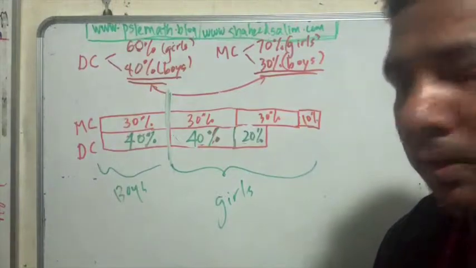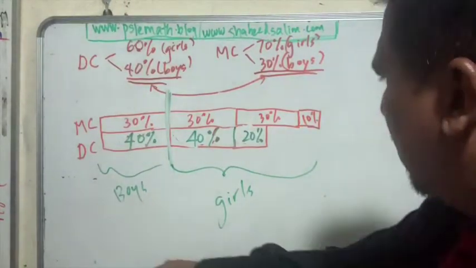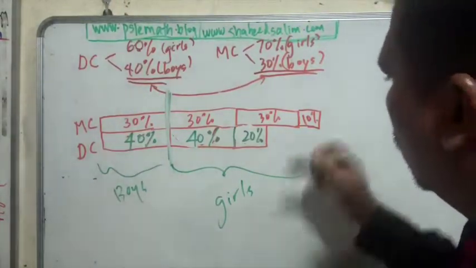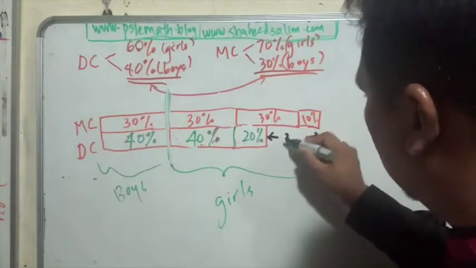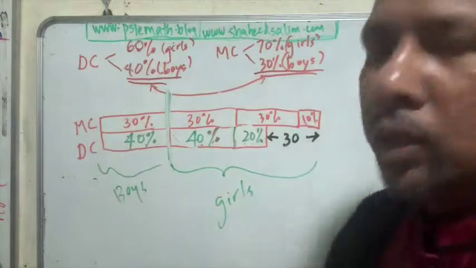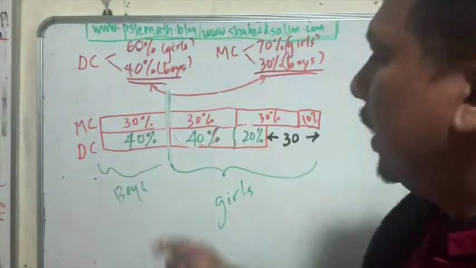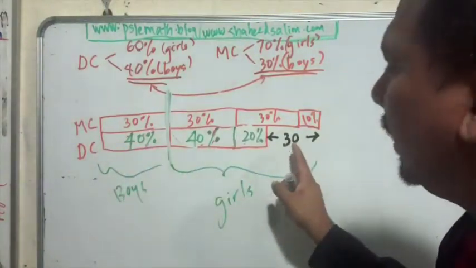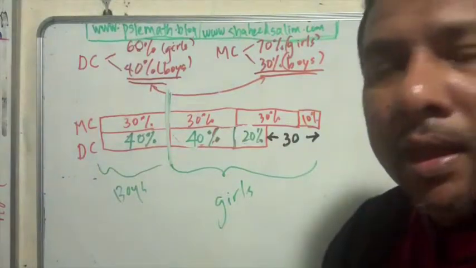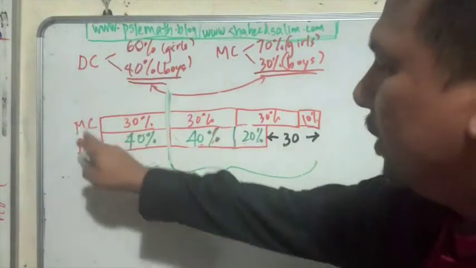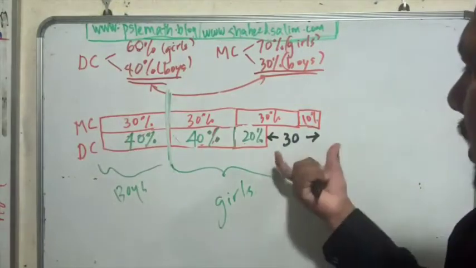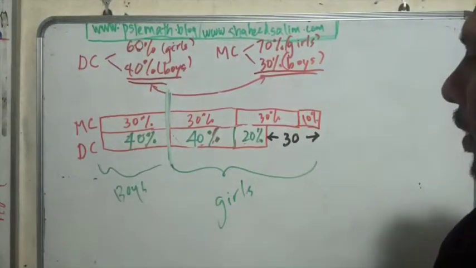And this here would represent 30, because we are told in the question that there are 30 fewer girls in a dance club than the media club. So this represents 30.